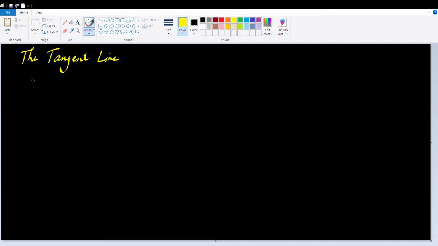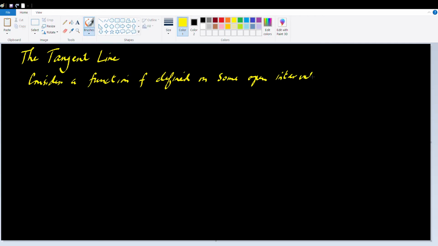So first, let us consider a function f defined on some interval, let us say in some open interval containing the number x sub 1.